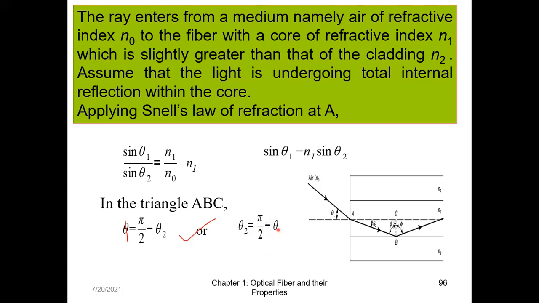Wherever this theta is, please at your end make it phi. So I am just writing theta 2 is equal to pi by 2 minus phi. I want to substitute this theta 2 over here.